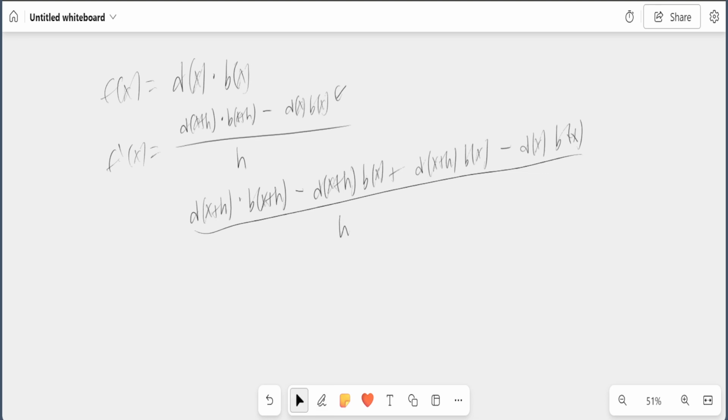So now I'm going to do a little bit of separating. Where should I separate? I think I can separate right here, so both of these will have h. For this one, I'm going to factor out a of x plus h.